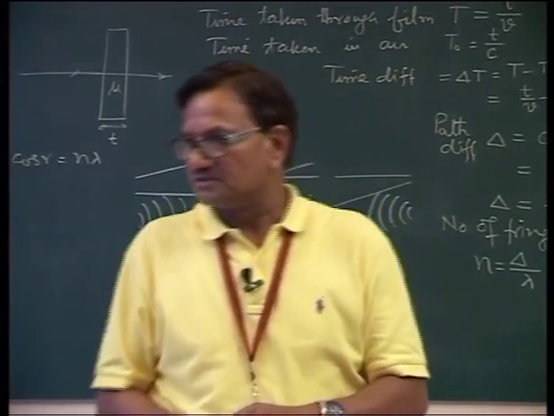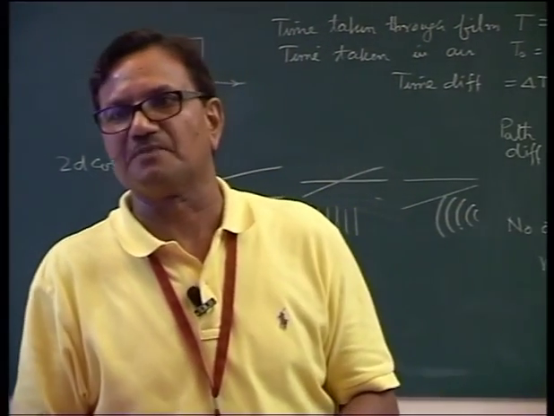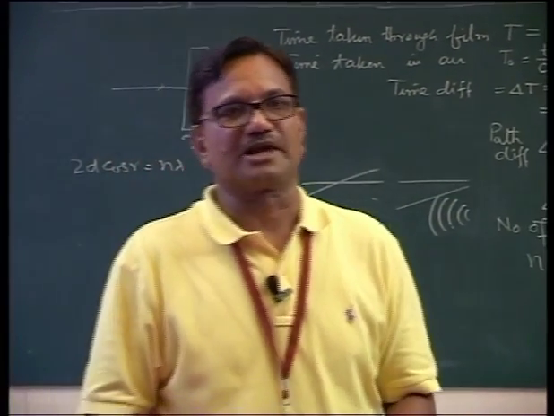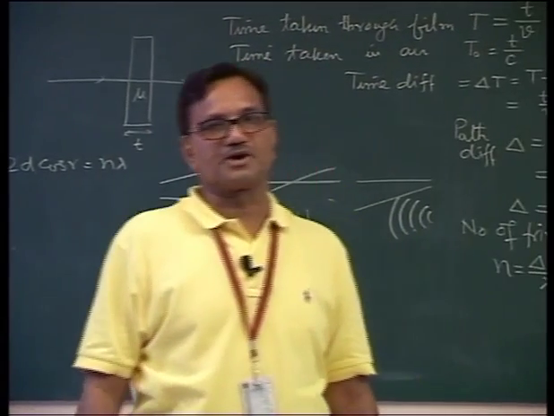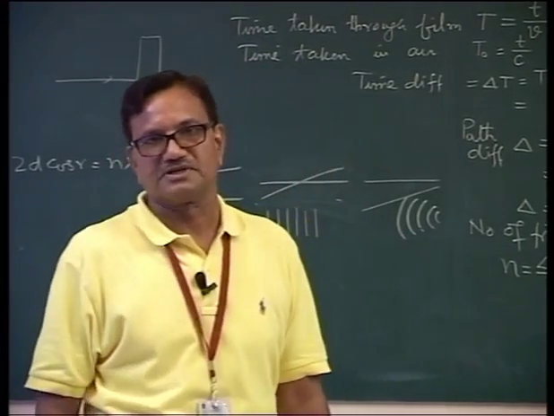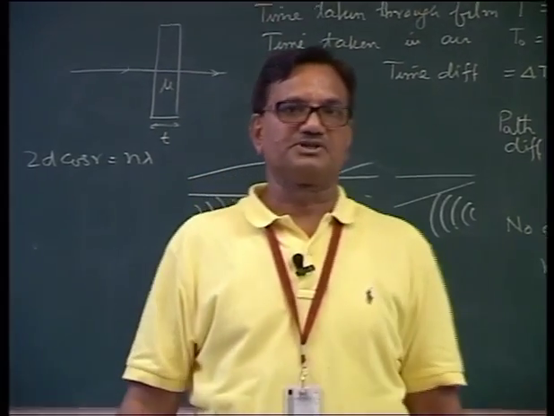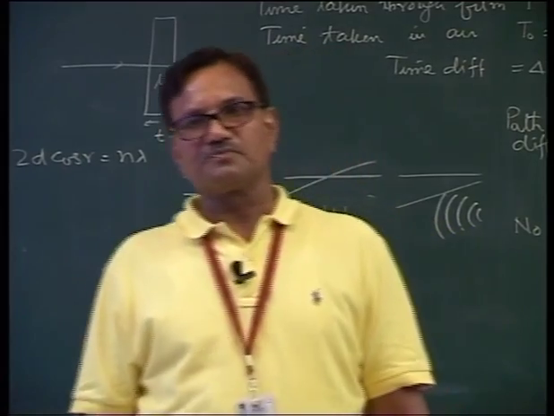Dear friends, this completes the second part of interferometry, but I may point out that interference is a very, very important phenomenon, and the most important application of interference is in holography, three-dimensional photography. In holography, what do we do?